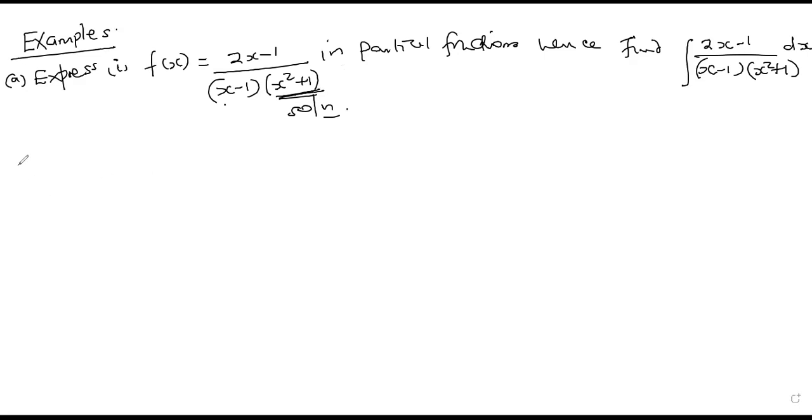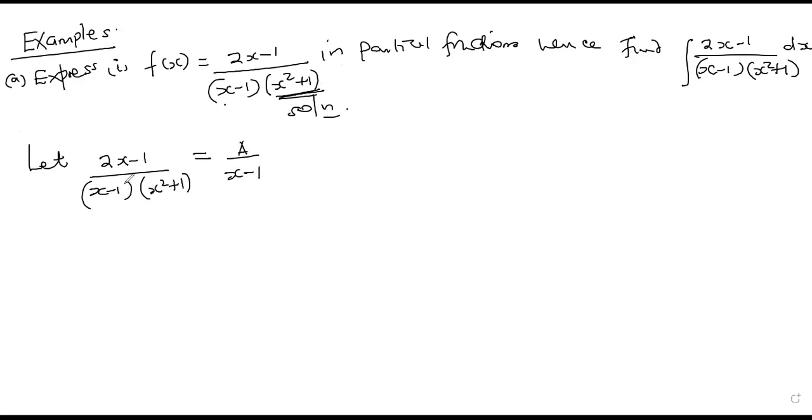So what we do, we shall let 2x minus 1 over x minus 1 times x squared plus 1 equal to A out of x minus 1.